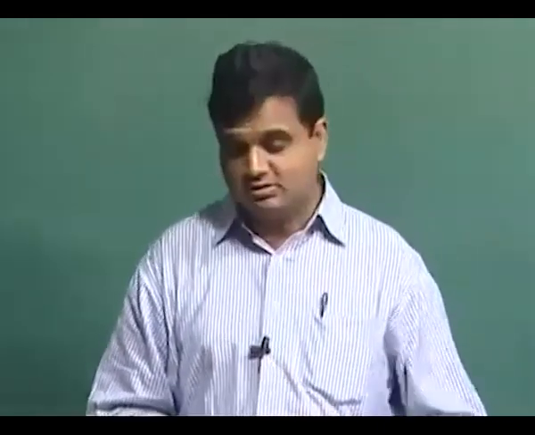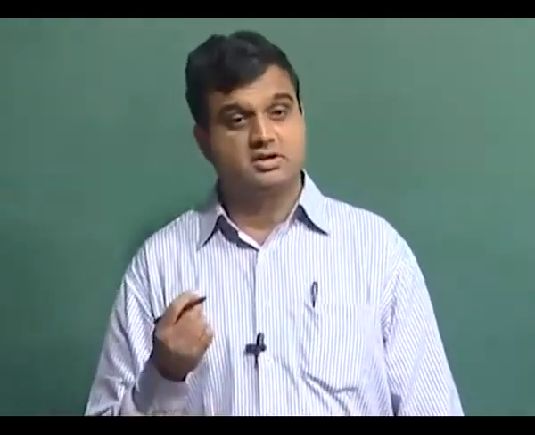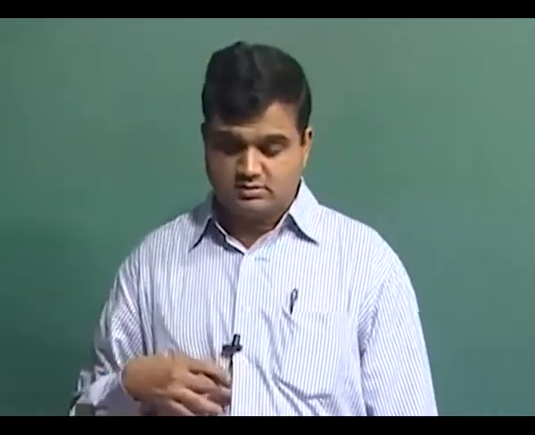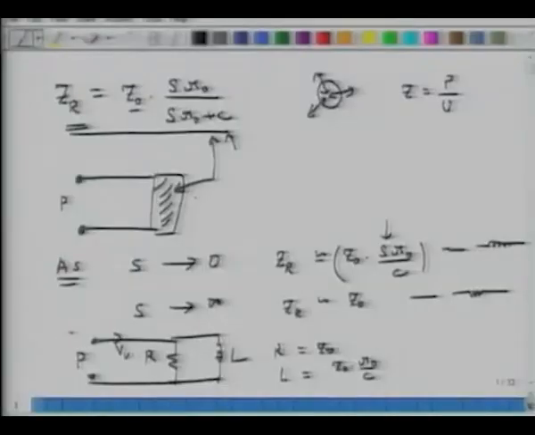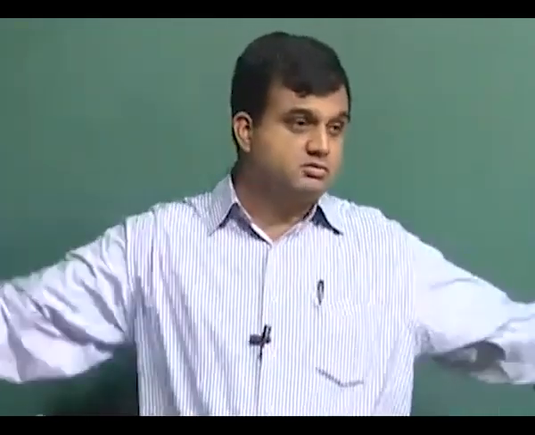R naught is the radius of the pulsating sphere. Remember that. So this is the electrical circuit which mimics the behavior of radiation impedance when a pulsating sphere is pushing sound into the larger atmosphere.